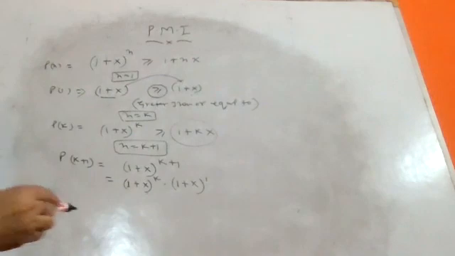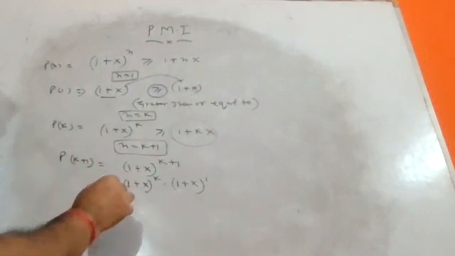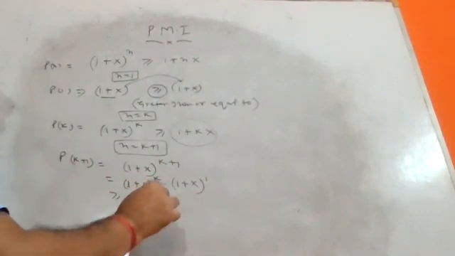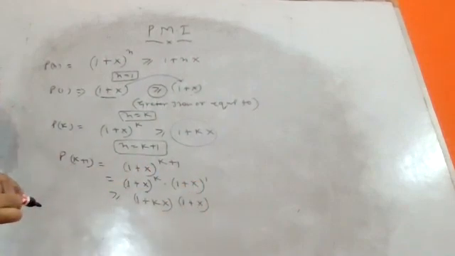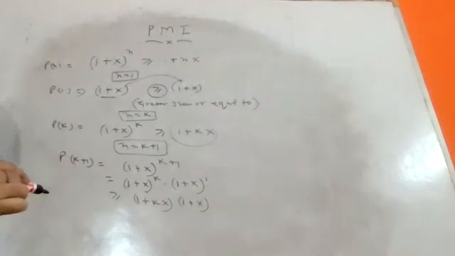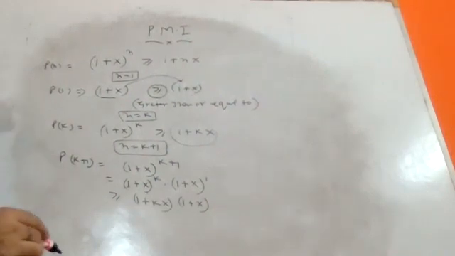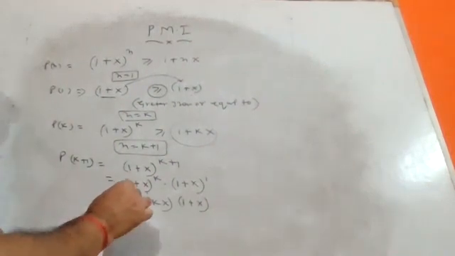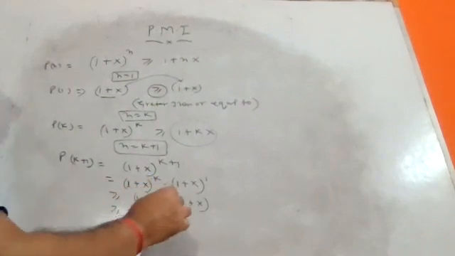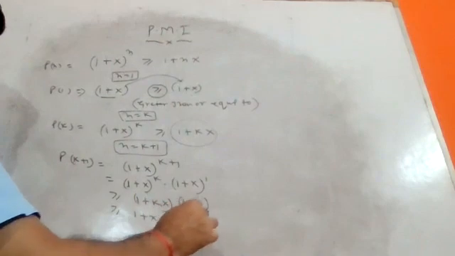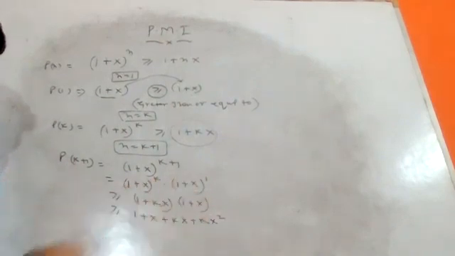This value we can assume with this sign, so greater than or equal to (1 plus kx) into (1 plus x). Going for the cross multiplication, 1 into (1 plus x), and kx into 1 plus kx into x, that is kx square.